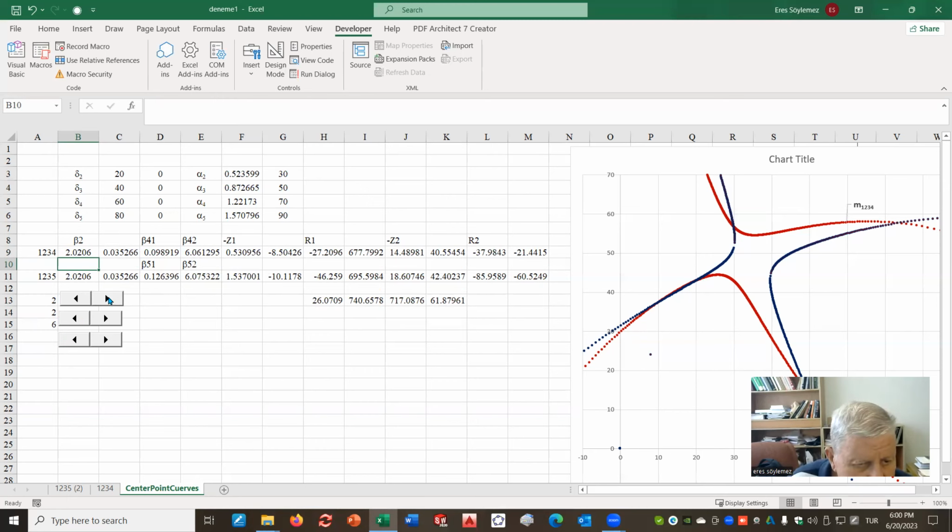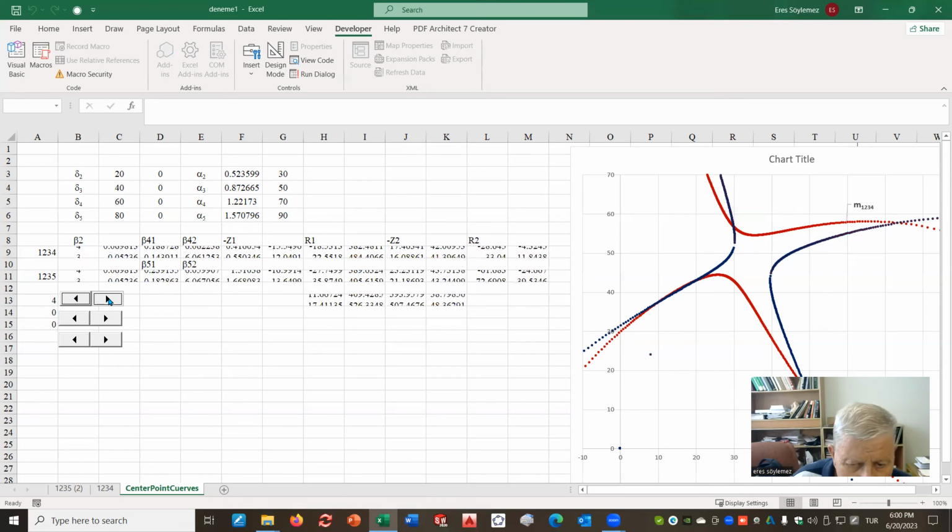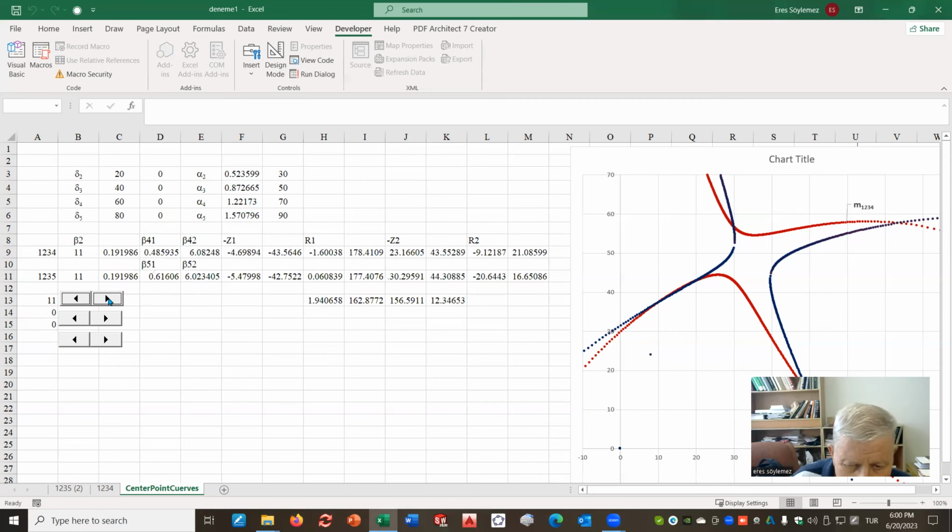Now, what will happen is I can change it by 1 degree, keep these 0. As you can see, these values will be increasing or decreasing. Let me do it this way. Oh, here it says, let me go this way.